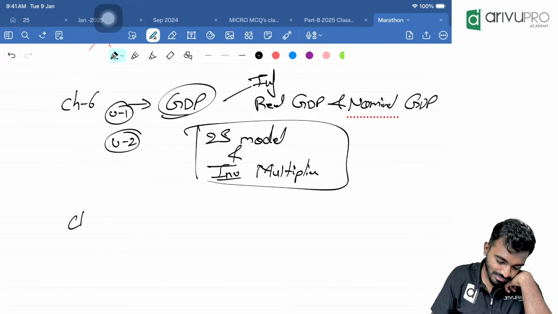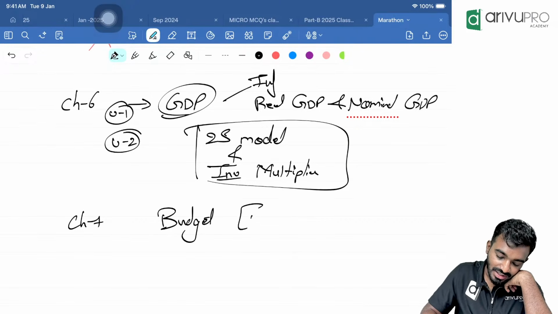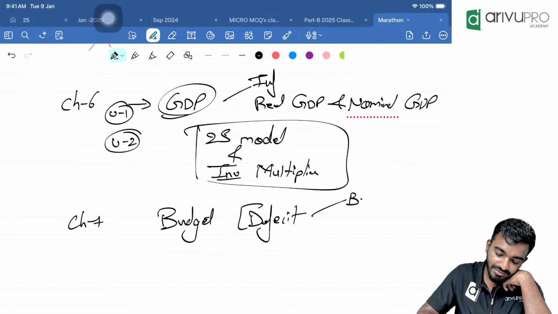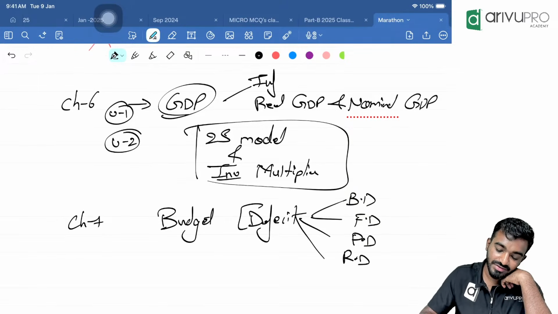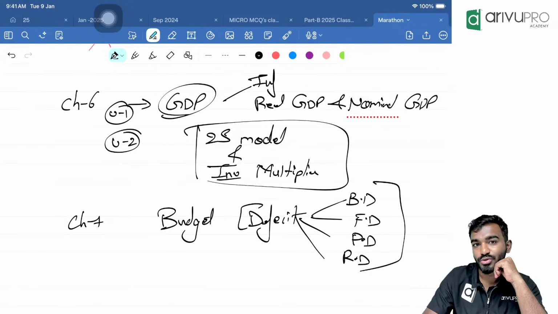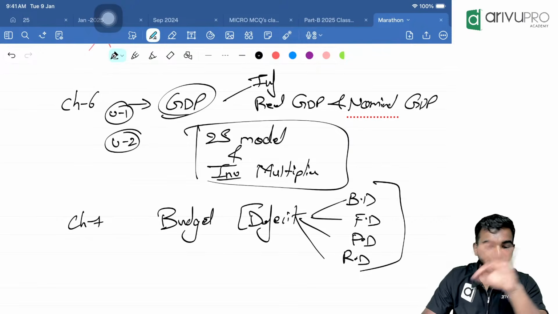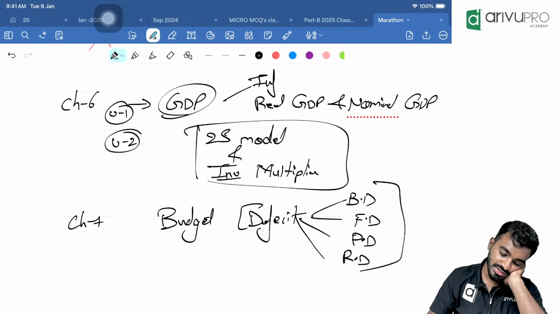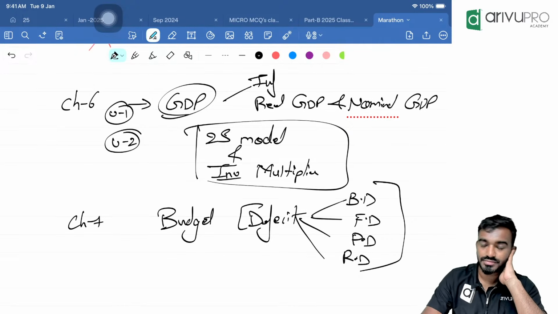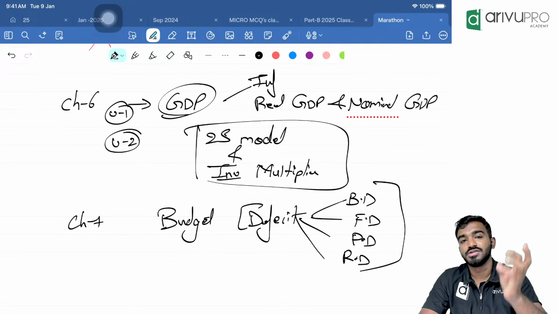Chapter 7, main, first budget, deficit calculations. 4 types of deficit: budgetary deficit, fiscal deficit, primary deficit, revenue deficit. This deficit calculation is where numericals will come the most. And the rest remaining are conceptual meanings until that first half. This is like repeated deficit calculation questions, numericals.